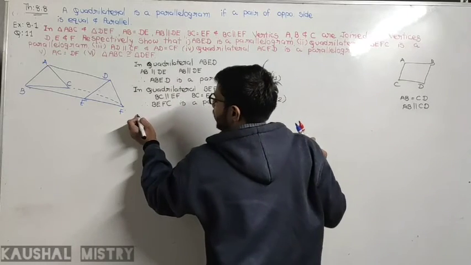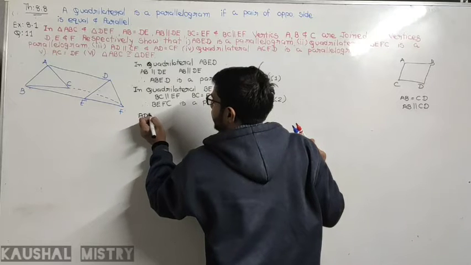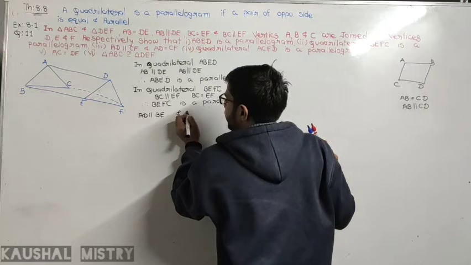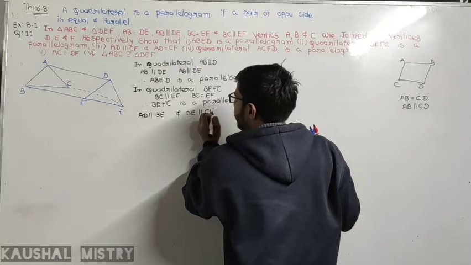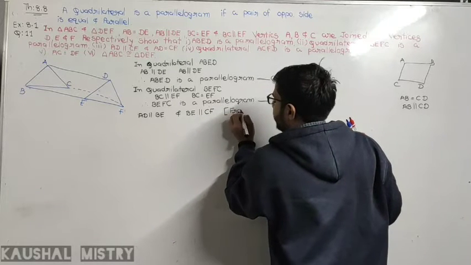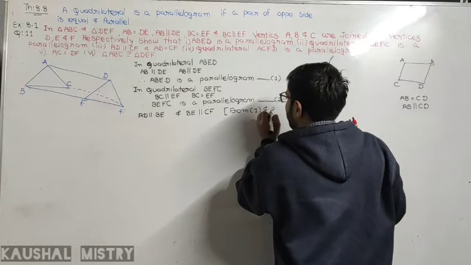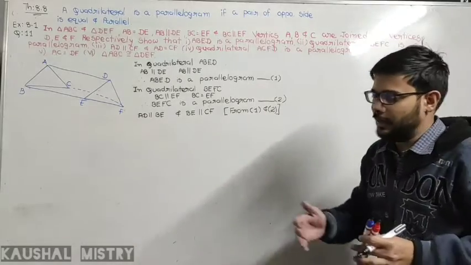Here we know that AD is parallel to BE and BE is parallel to CF, because we can write this from results number 1 and 2, because these two are parallelograms, and if it is a parallelogram then opposite sides are equal and parallel.